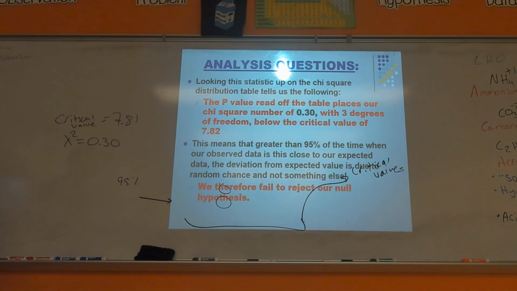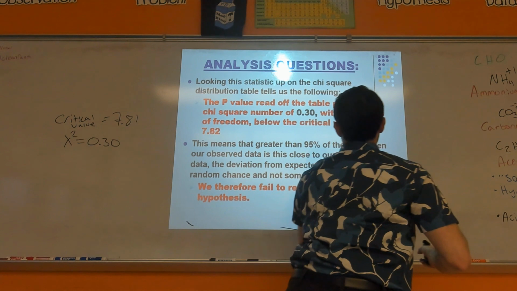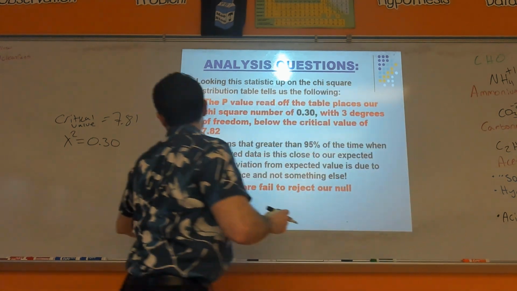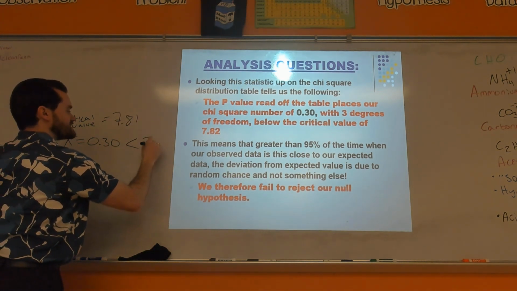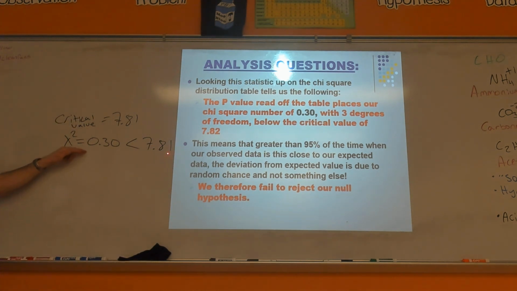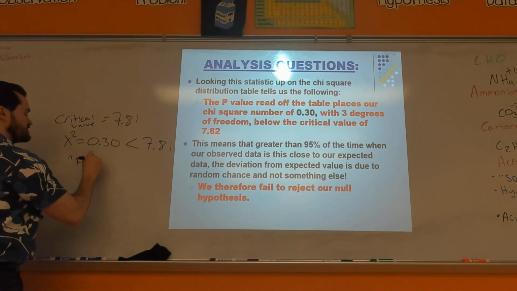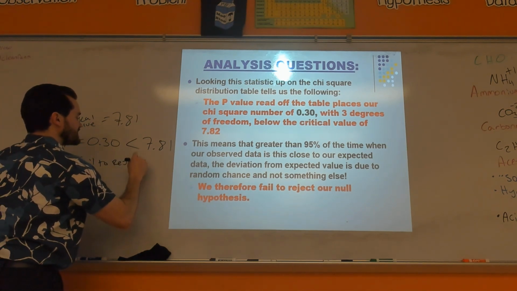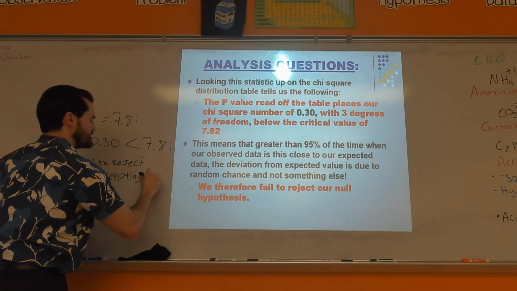Okay? So here's the idea. If this chi-squared value is clearly less than our critical value, less than the 7.81, then we fail to reject our null hypothesis, which essentially means we're accepting our null hypothesis.